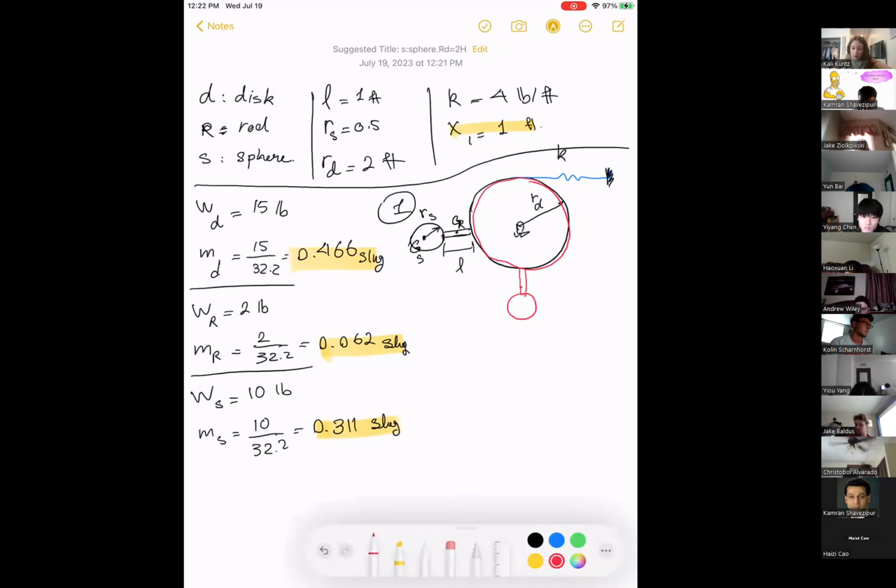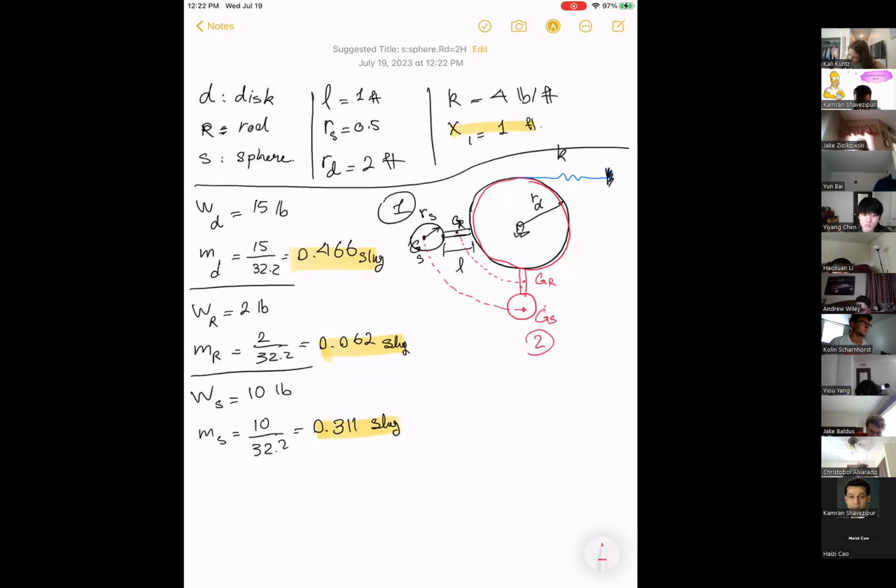That guy is going to come here, and this point is going to come here, right? So this is position 2. And meanwhile, this spring is going to be stretched more because it's going to turn around the disk.